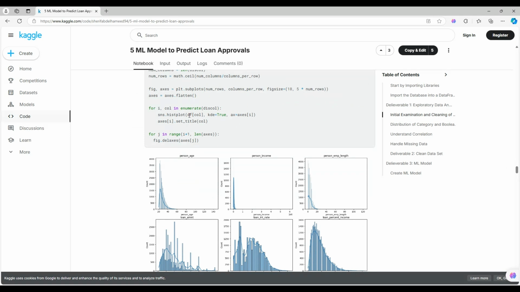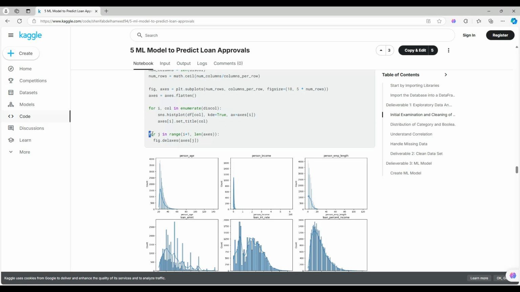And then we can just use the SNS to make histplots of each column. We would like them to give us also the density distribution, which is the line that you will see there.